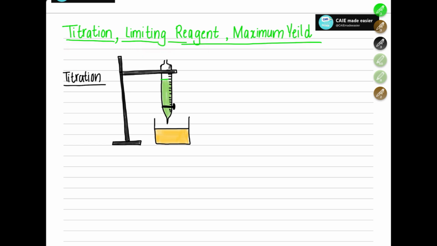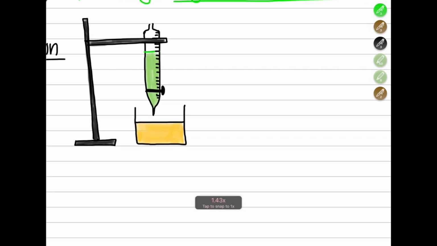First of all, what is titration? A titration is when you basically react an acid and a base. If, for example, you know the concentration of the base, you can find the concentration of the acid. Let's see what's going on here. First of all, there's a beaker.